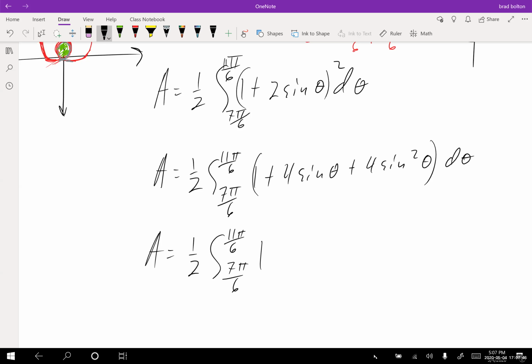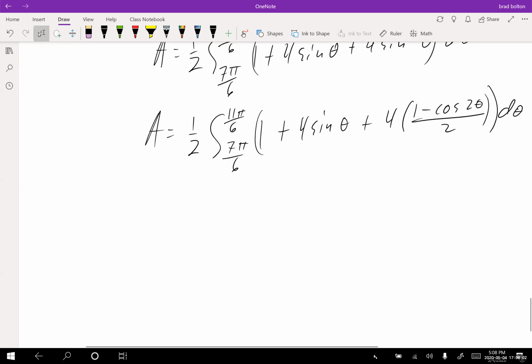And then we got to do our power reduction. So this is 1 plus 4 sine theta plus 4 times 1 minus cosine 2 theta all over 2 d theta. So we got to keep going. As you can see, these get bad. I think the inner loop for me is one of the worst ones that you run into.